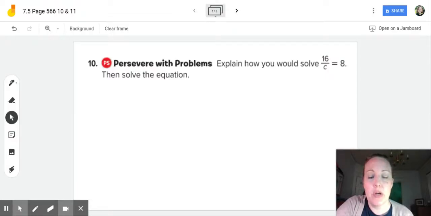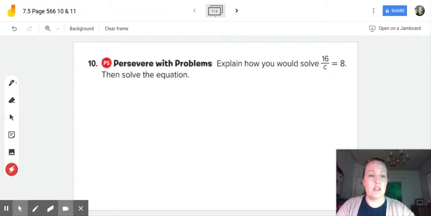So this first problem says, explain how you would solve 16 divided by C is equal to 8. Some people would read that as 16 over C, but remember that vinculum is just a division symbol.